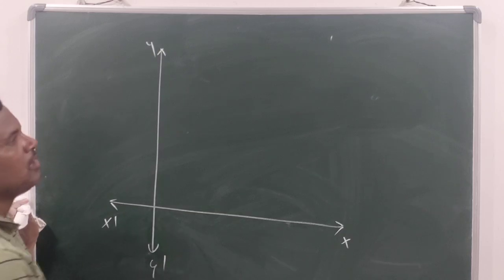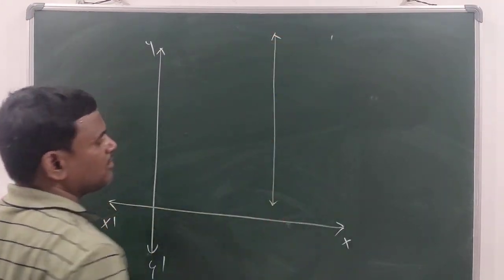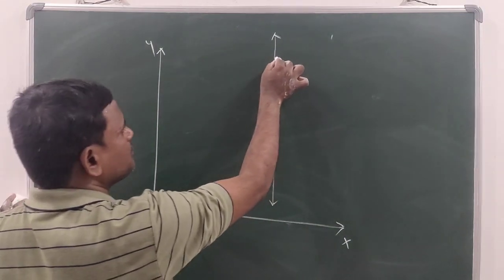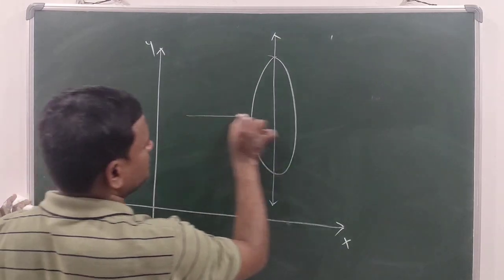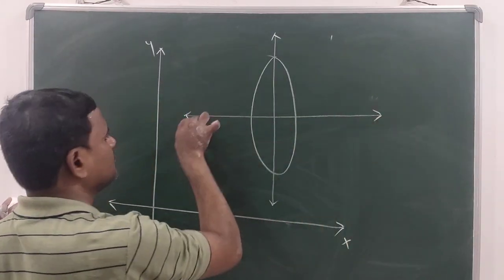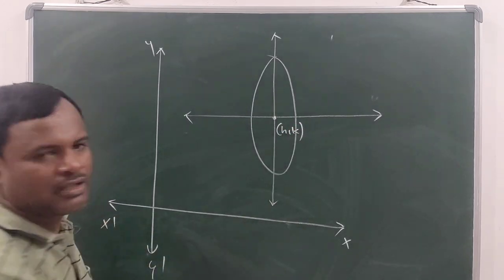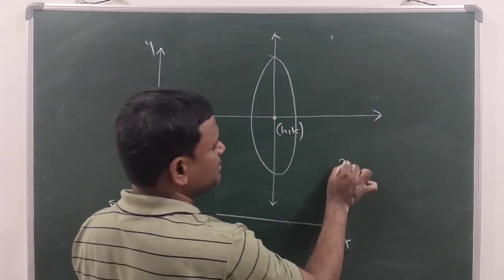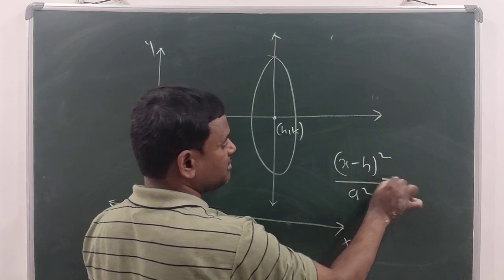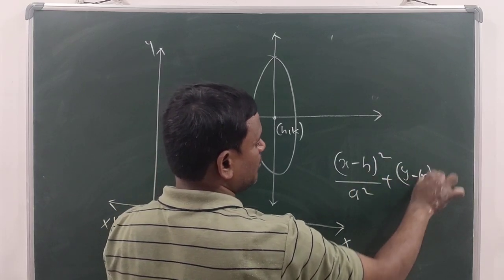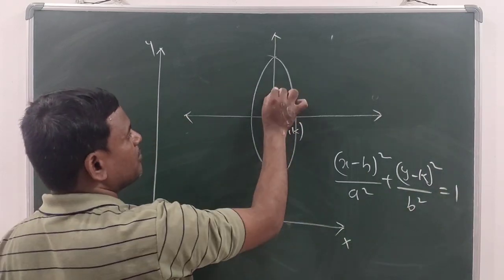Now let us see an ellipse whose major axis is parallel to the y axis, with x dash and y dash. This is the minor axis along with this. So the center is h comma k. Then the standard form is x minus h whole square by b square, and y minus k whole square by a square, equal to 1. Now write all of them.